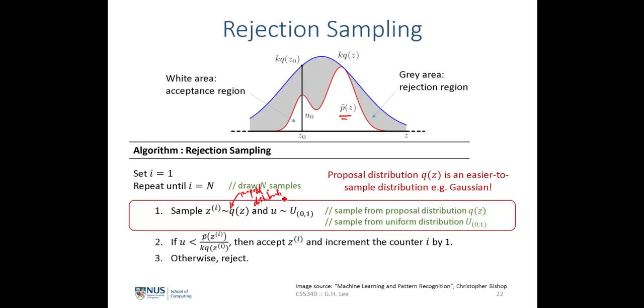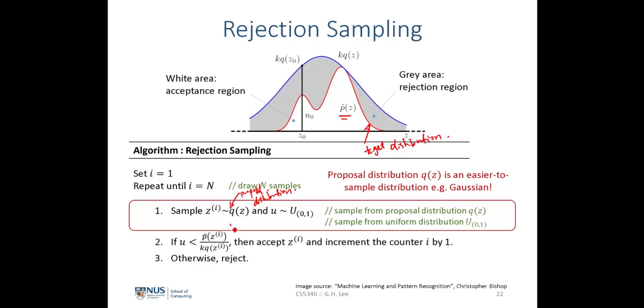In contrast with the target distribution, which is the distribution that we wish to draw samples from, P tilde is our target distribution and q would be our proposal distribution, which is an easier distribution to draw samples from. In this case, it would be a Gaussian distribution.